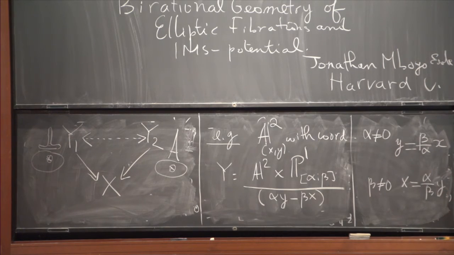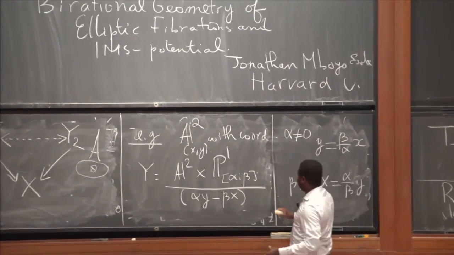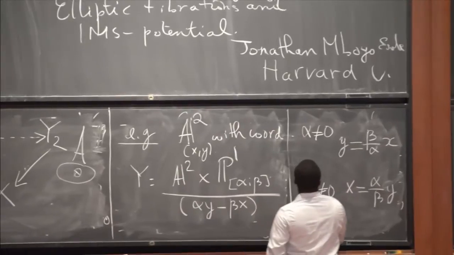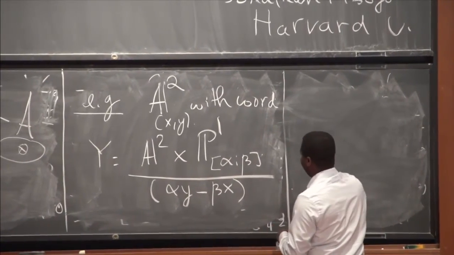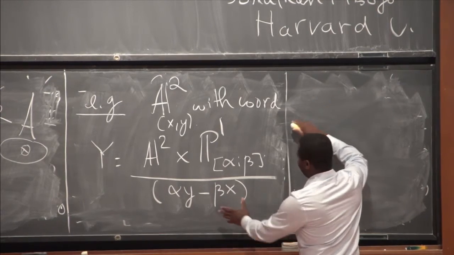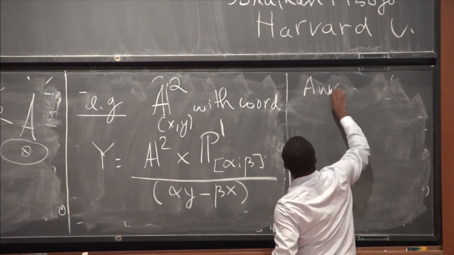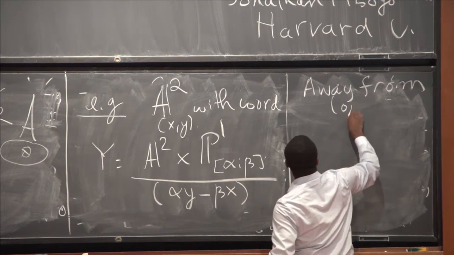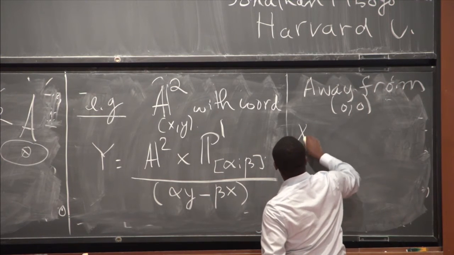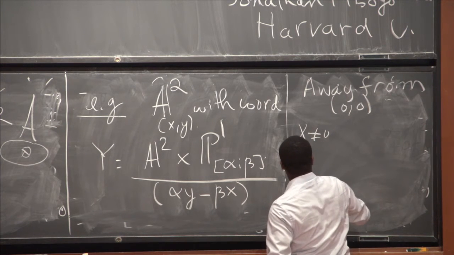Because of these two possibilities, you see that, well, actually I did it the other way around. So if I am away from the origin, I need to have x different from 0 or y different from 0.